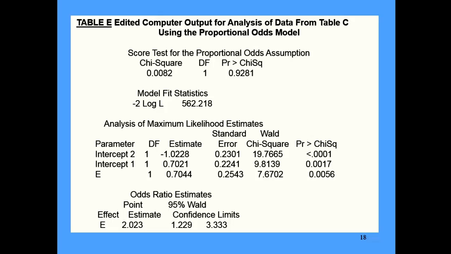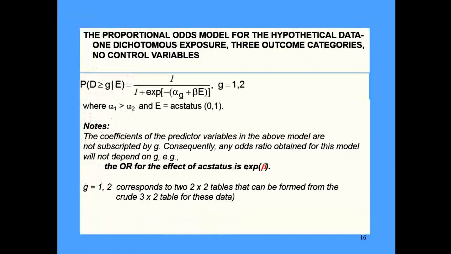And you notice it says 2.023. So what's that? Well, that's e to the 0.7044, right? e to the beta. So the formula for the odds ratio in this model is e to the beta. That's the formula for it, just like you would do e to the beta in a binary logistic regression model. It's the same formula. Okay?